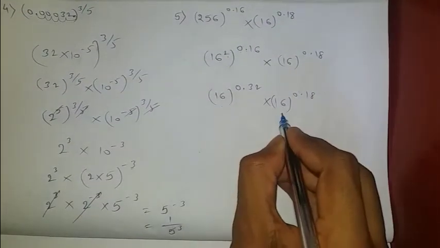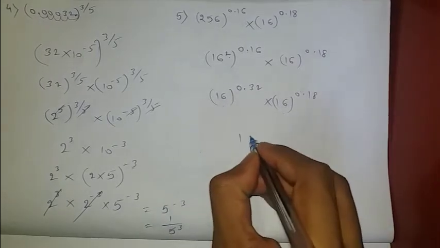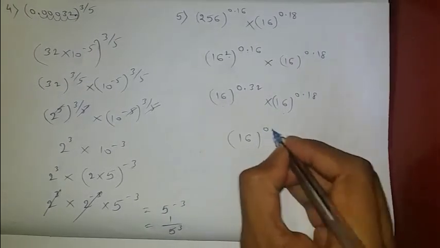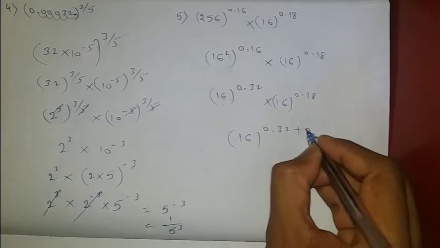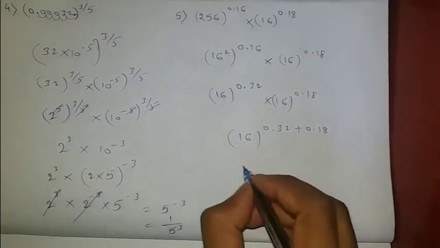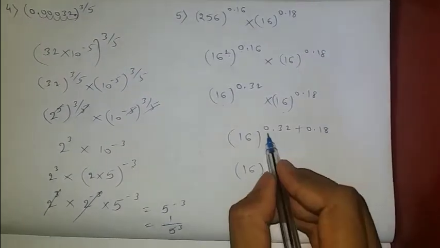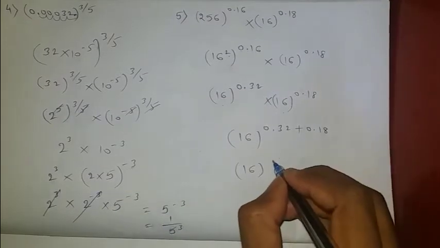Both the bases are the same, so powers should be added. 16^(0.32 + 0.18).